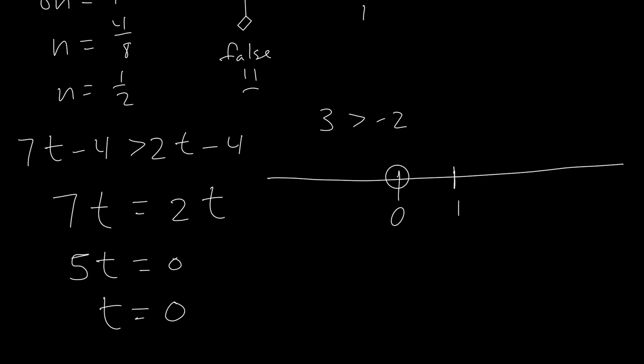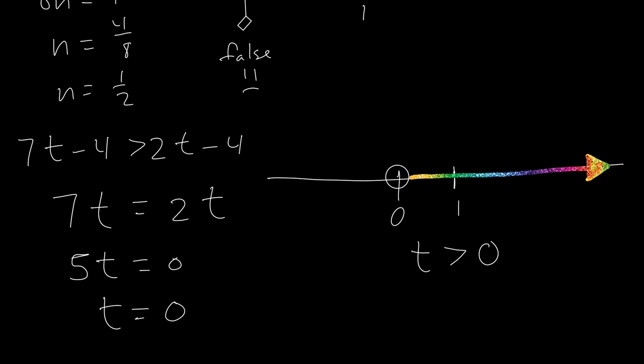If I put 10 into that, that's going to become 70 minus 4, which is 66, and 20 minus 4 is 16. So it's going to be the things that are above the boundary location of 0. So all of these values would be solutions. So the answer here is t are all those things that are strictly greater than 0 but not equal to it.